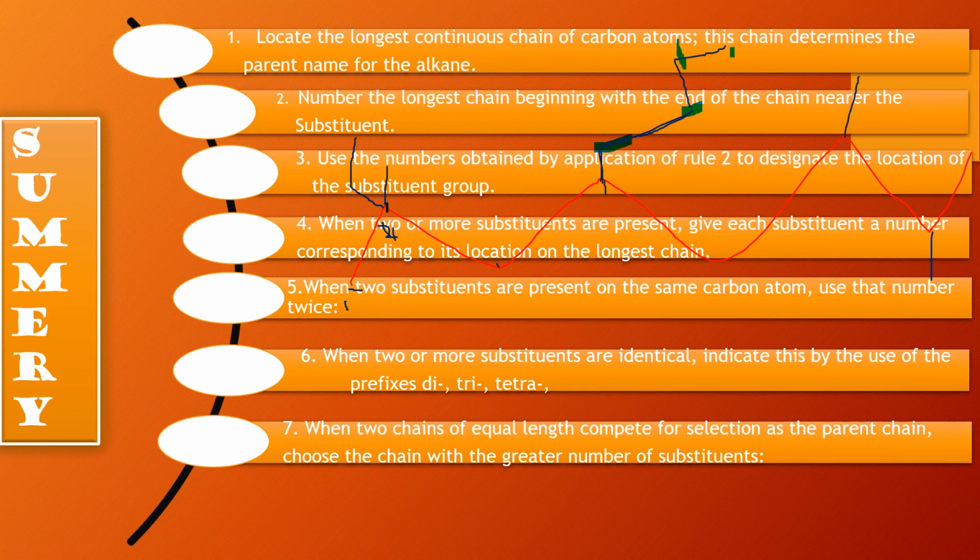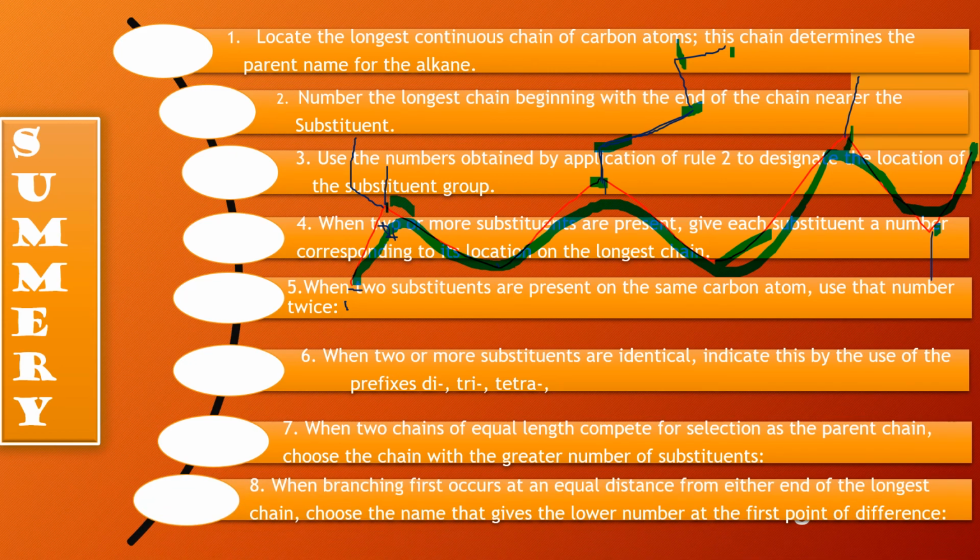There are 8 carbons and we can also count 1, 2, 3, 4, 5, 6, 7 and 8. So two chains are competing for selection as the parent chain. So we will select this chain. Why? Because it has more substituents, right?